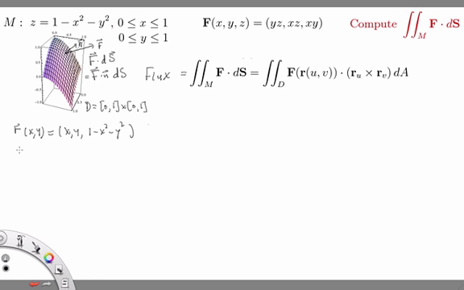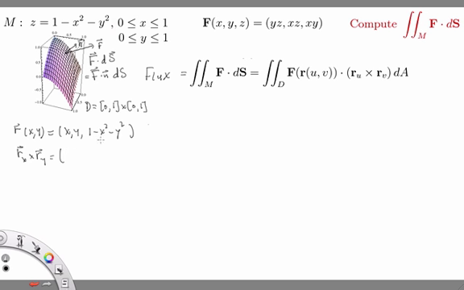Okay, so we need this vector, r sub x cross r sub y, and it works the same way every time. We could compute r sub x and then compute r sub y and then take the cross product, but at this point we should just remember that this vector is always equal to negative the partial derivative of this function with respect to x.